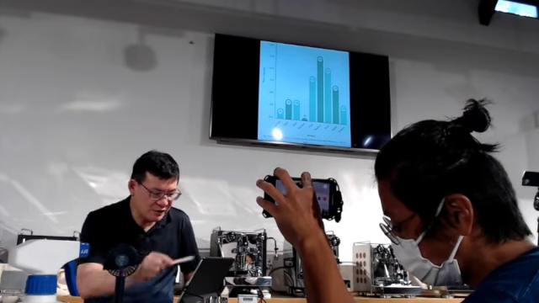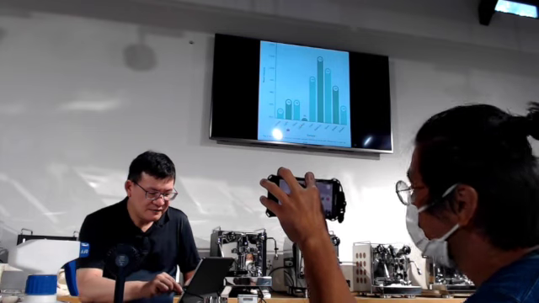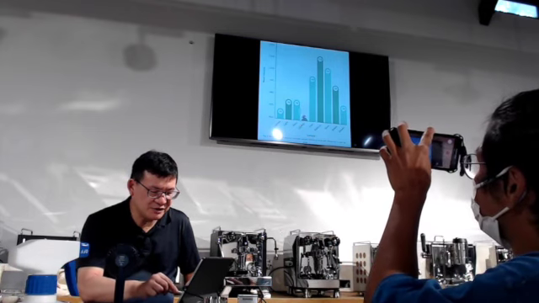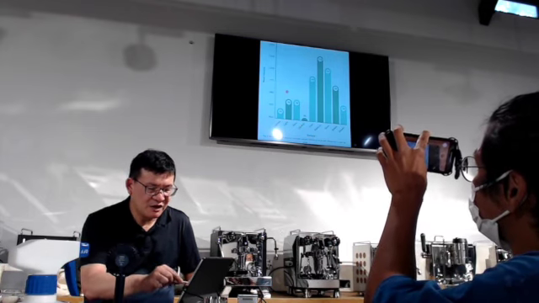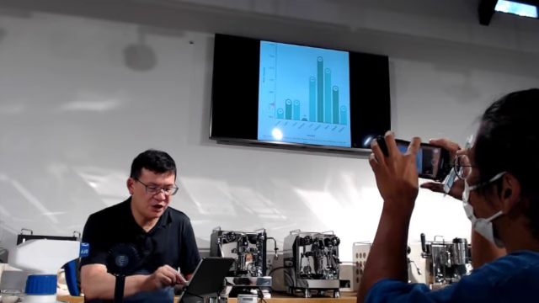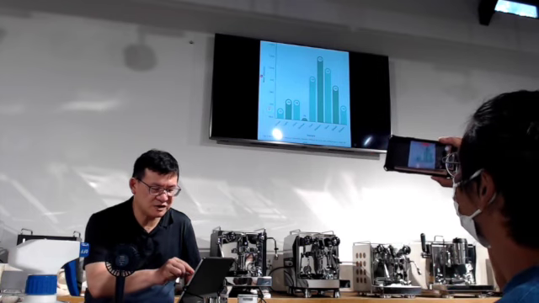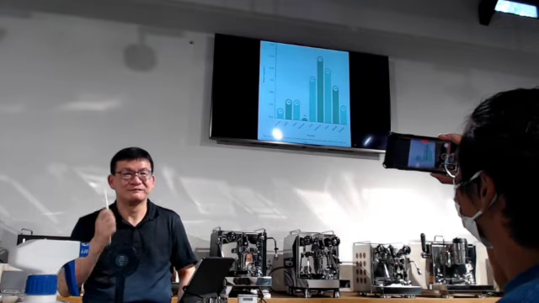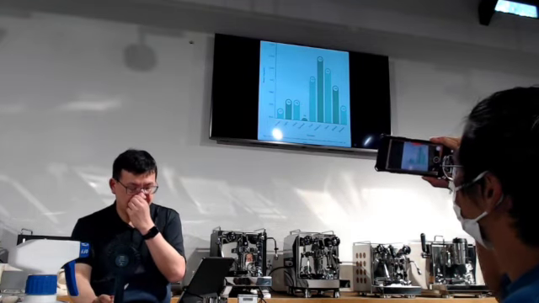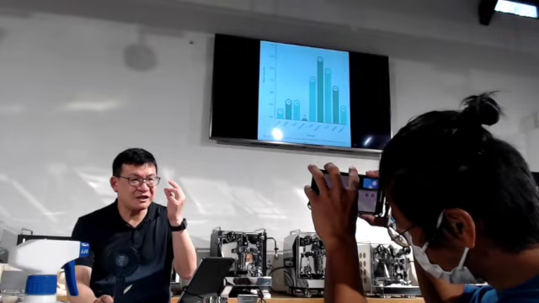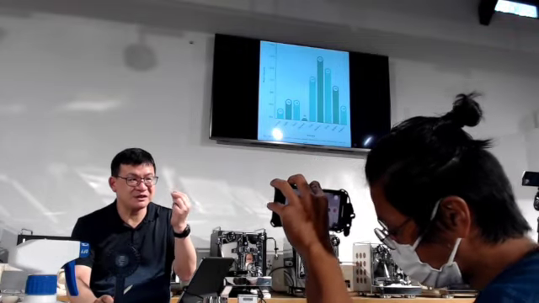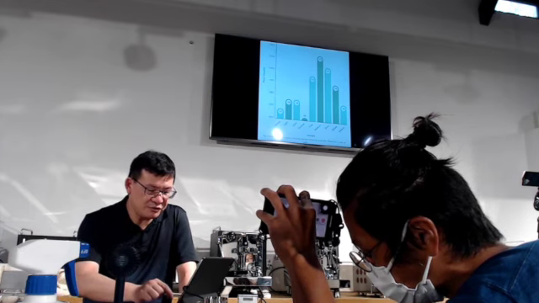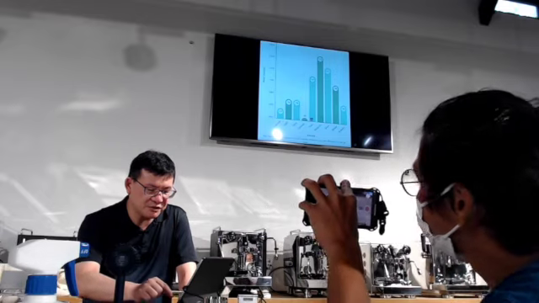So here, the light roast and the dark roast have very low viscosity. Viscosity means the sticky feeling. So you need to do fast and medium roast.